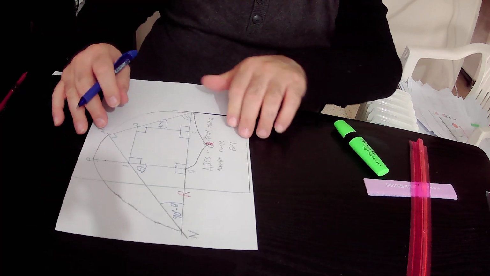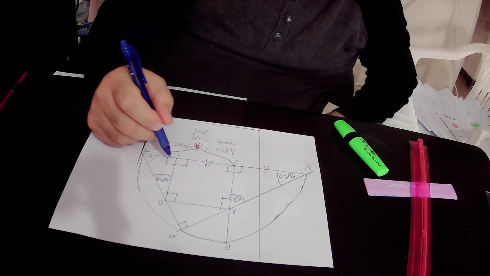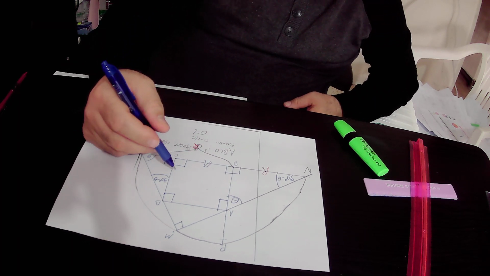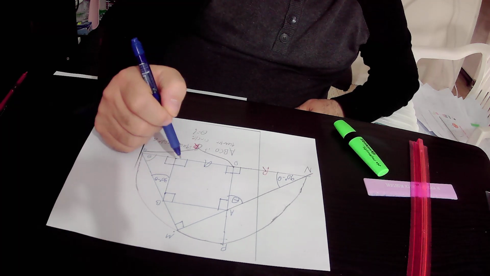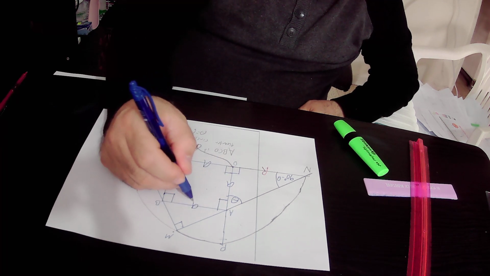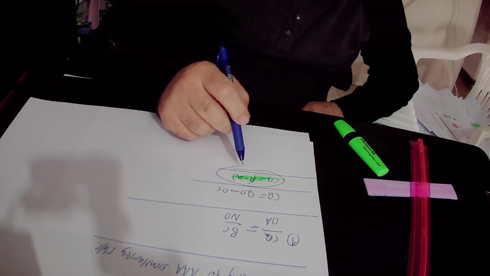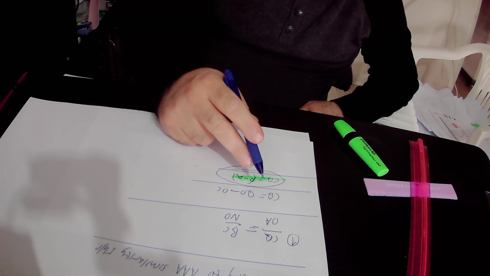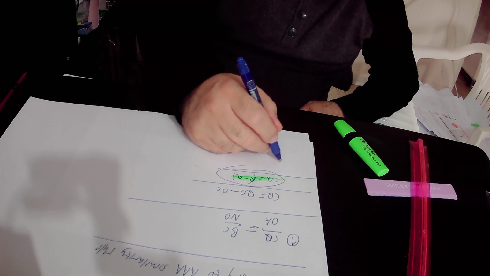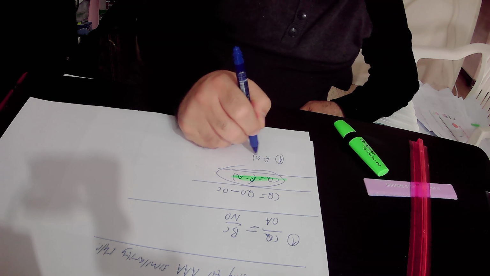So OC equals A according to our definition, and we know that all the sides of a square are equal to each other, so all the sides of square ABCO will be equal to A according to our definition. So we found out that CQ equals R minus A, so we can substitute CQ in equation number 1 by R minus A. We'll do it now and we'll get that CQ, that is equal to R minus A, over OA.